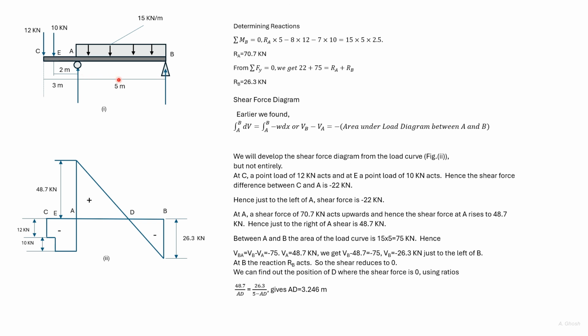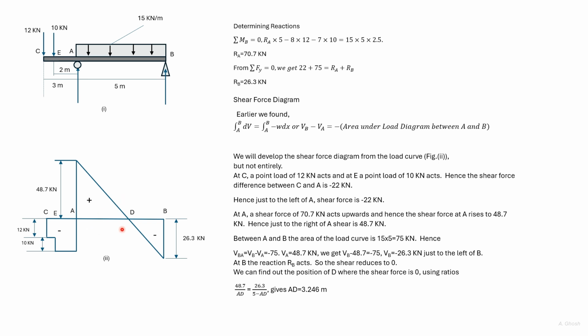Between A and B, the distributed load is constant, so the shear force variation would be linear. The reaction RB acts at B, so the shear force at B reduces to 0.